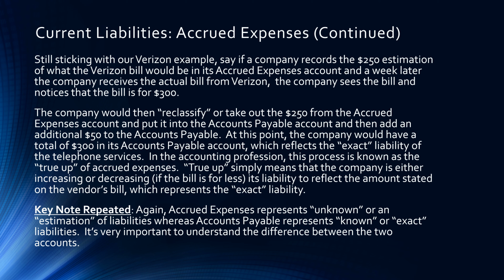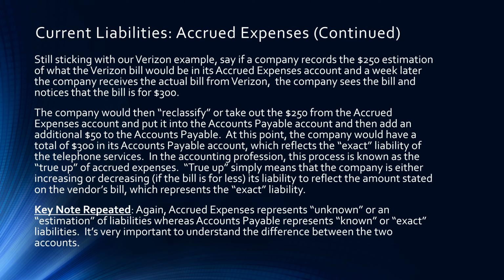The company would then reclass or take out the $250 from the accrued expenses account and put it into the accounts payable account, and add an additional $50 to the accounts payable account as well. At this point, the company will have a total of $300 in its accounts payable account, which reflects the exact liability of the telephone services.